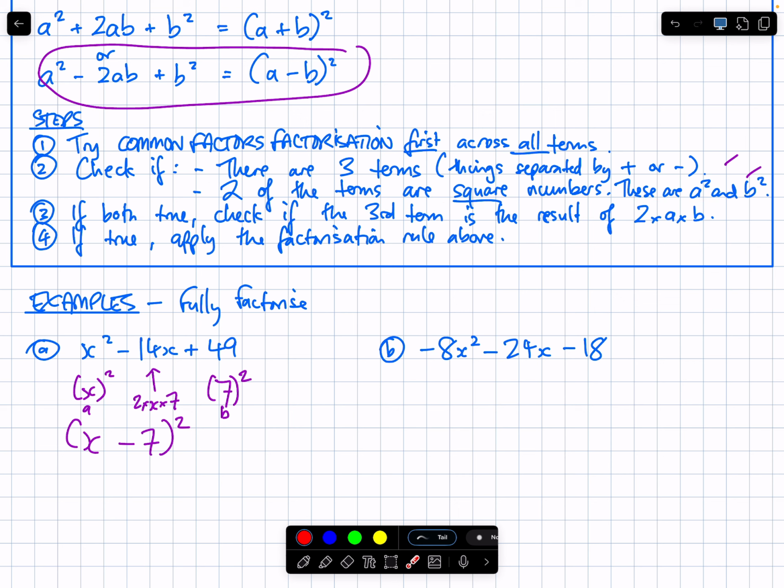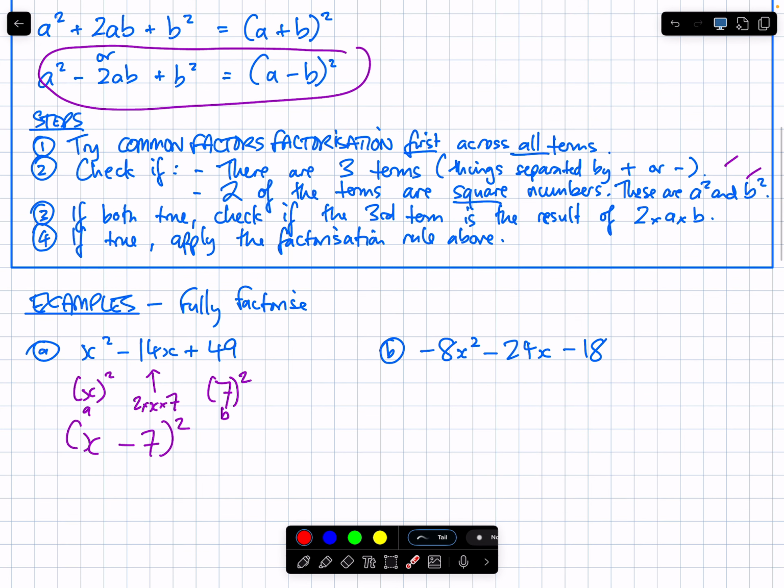What square number can I get out of 8? What's the only square number I can multiply into 8? 4. How am I going to make that negative 8 into 4? What could I divide all of these by? Good. Remove negative 2 as a common factor. That's why step 1 is here. If I remove negative 2 as a common factor, what's going to be left over with negative 8?